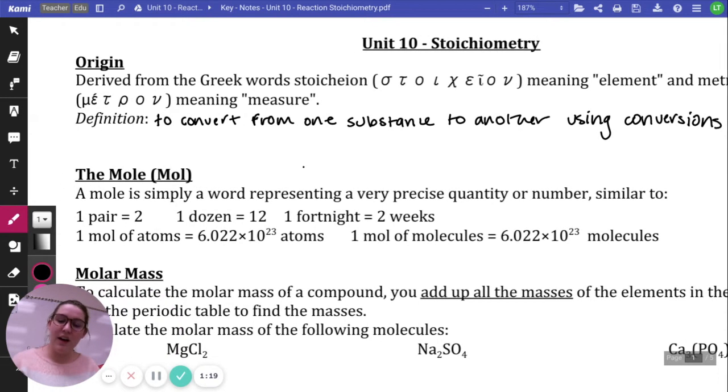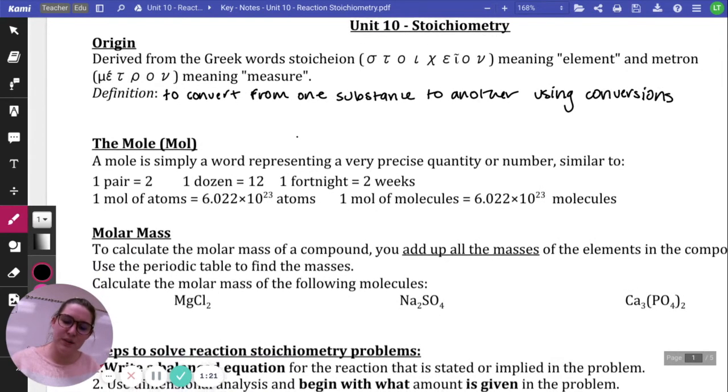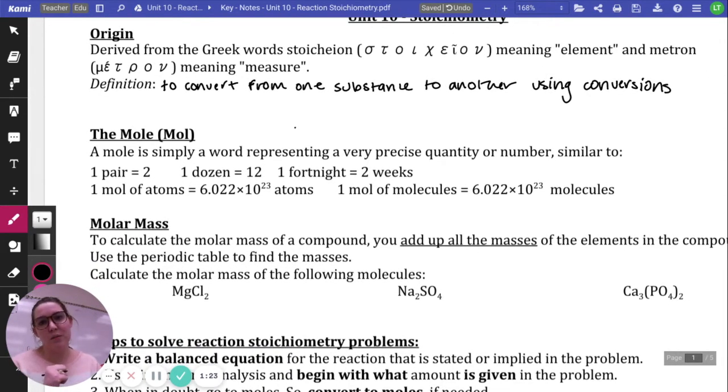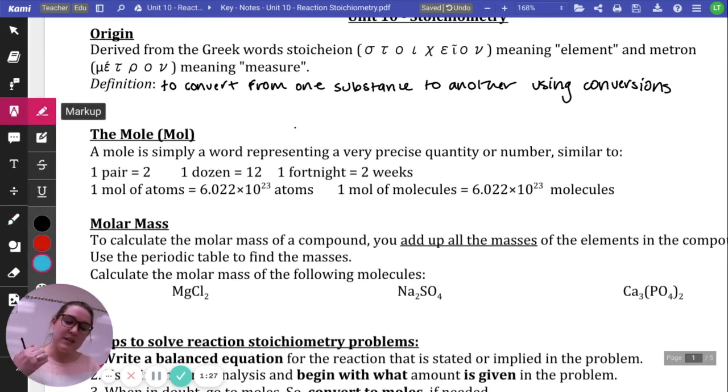All right, so it's been a couple months now since we've talked about these, so we're going to start by jumping in and talking about the mole. Remember, a mole is just a counting unit in chemistry. It's used to measure a very precise amount of a very precise quantity.